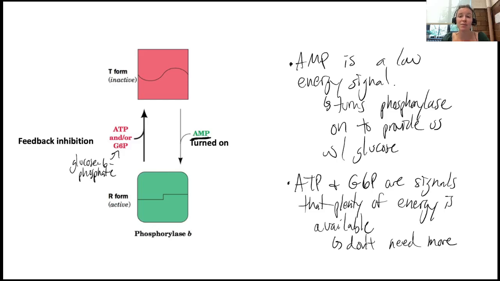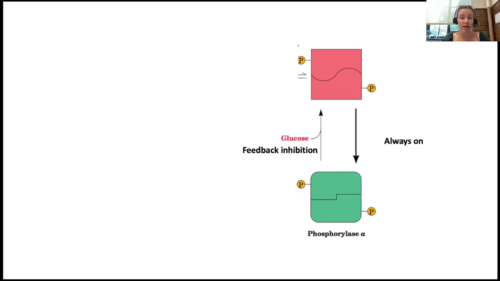Now, in comes the phosphorylation of the enzyme. So what happens to the regulation of this enzyme when it is phosphorylated? So when the enzyme is phosphorylated, it tends to be always on. So phosphorylating this enzyme is a signal to turn it on.